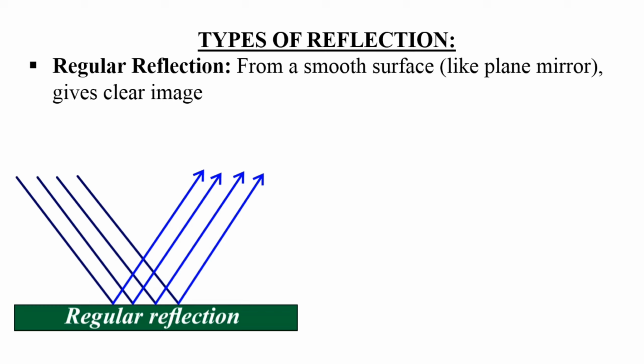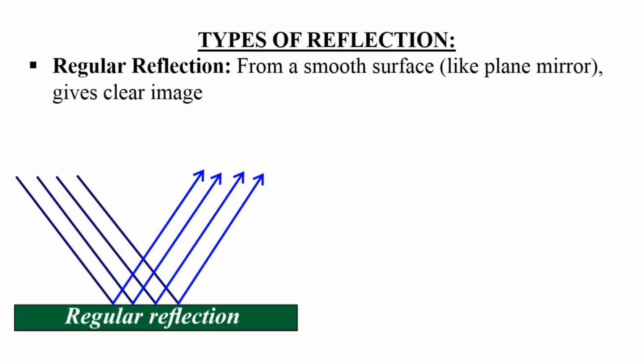Here, the parallel rays strike a plane surface like a mirror and bounce back as parallel rays. Since it has a smooth surface, the reflection is regular. Here the incident rays are parallel and the reflected rays are also parallel.